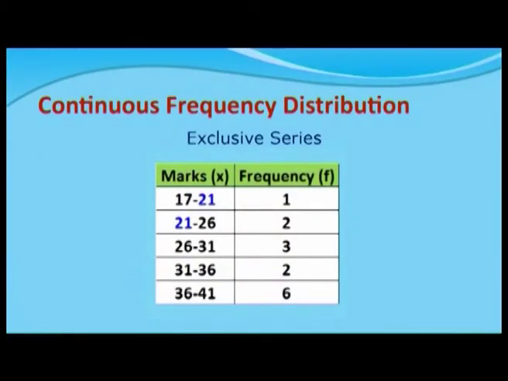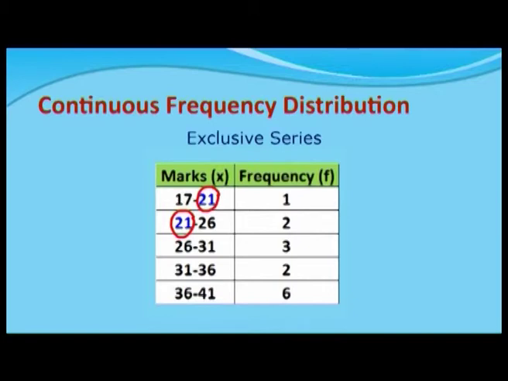In the above table, the upper limit of the first group, 21, and the lower limit of the second group, 21, are the same, but the frequency counting of the upper limit is included in the second group and not the first group. Such a series is called an exclusive continuous series.